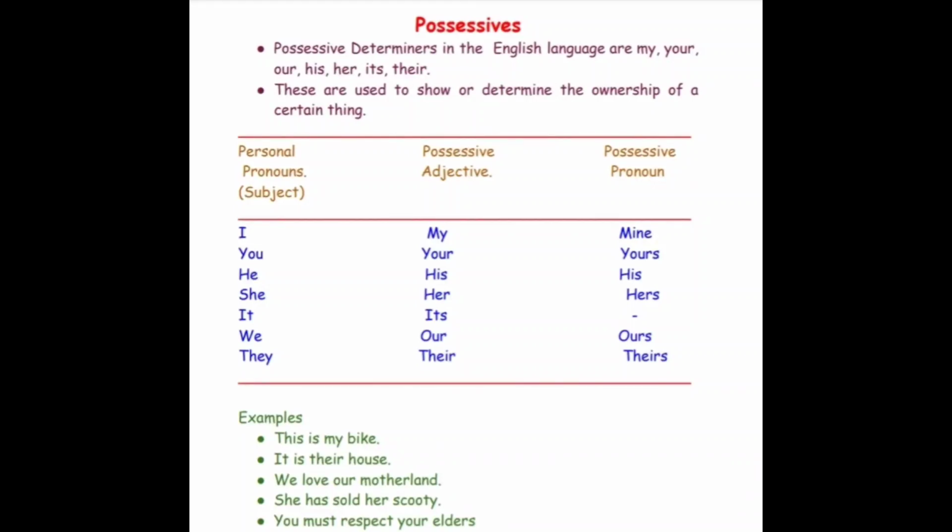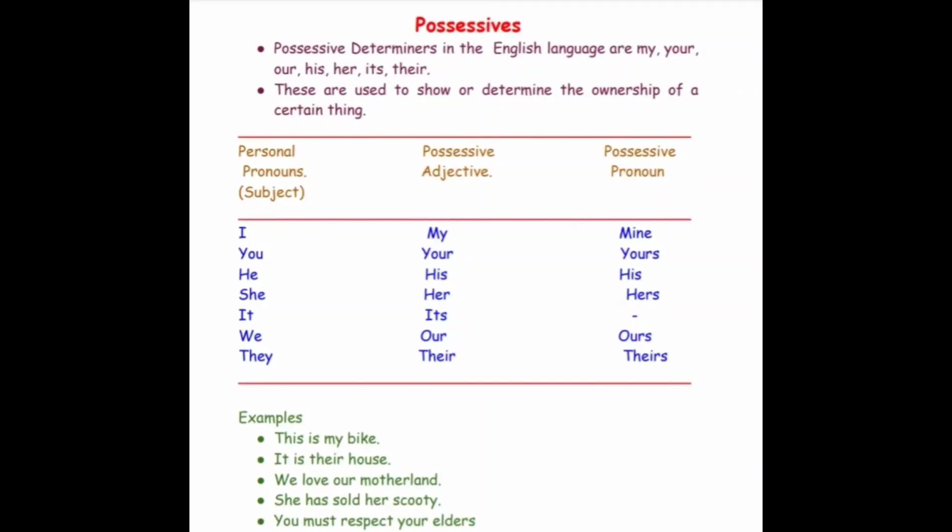But the very first thing we are to discuss is what possessives are. The possessives are the adjectives especially that are used as determiners. They show the ownership of a certain thing. So ownership or possession is shown with this.